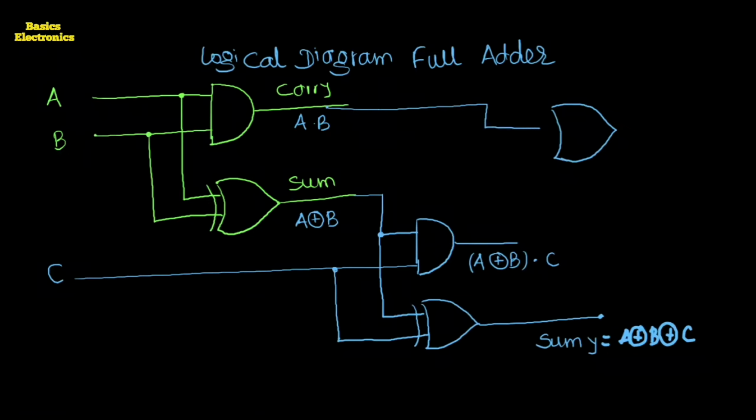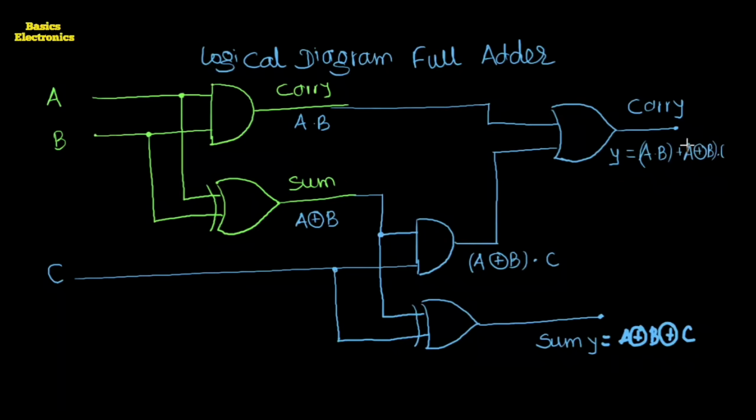These two inputs are A dot B and (A XOR B) dot C. This is the final carry, and this final carry equation is Y equals (A dot B) plus (A XOR B) dot C. This is the final carry equation.